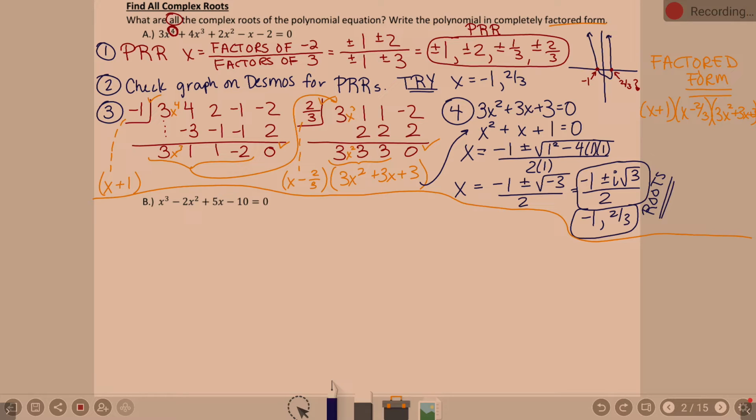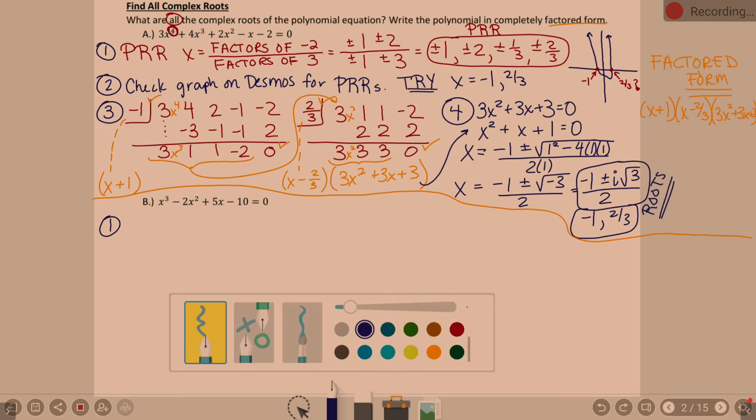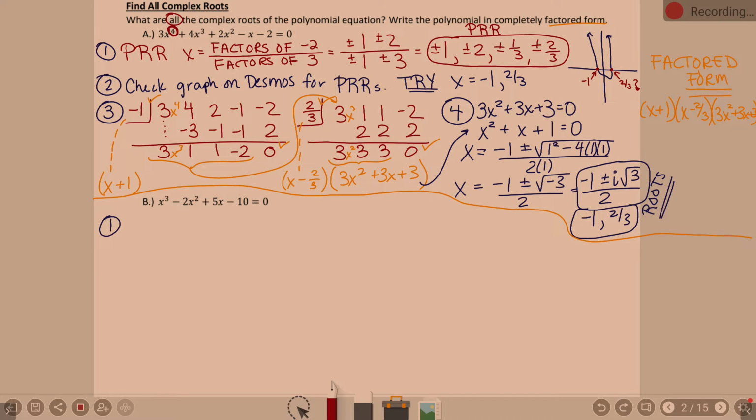As we're trying to find all the complex roots or zeros, we want to start by finding our PRRs. I already have them, but how do I find PRRs?